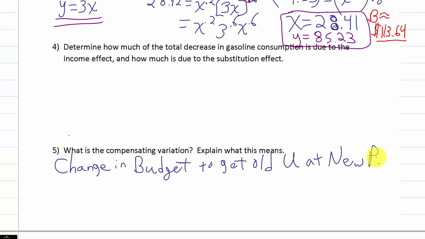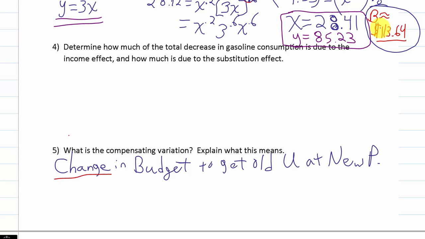And the budget that you need to get the old utility level at the new prices, we calculated right here. The budget would be $113.64. But the compensating variation is the change in the budget that you need to get back to the old utility level at the new prices. So the change in the budget, our original budget was $100 before the price change, is all we needed to get to that level of utility.